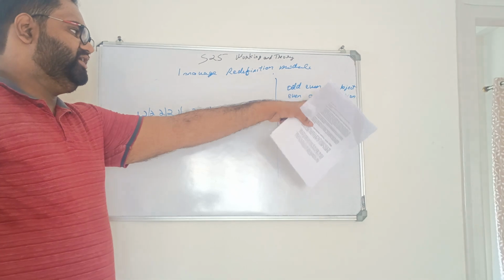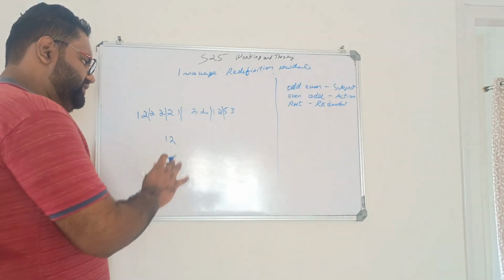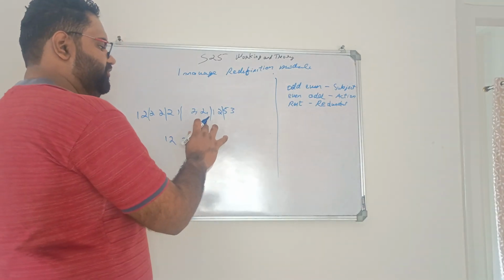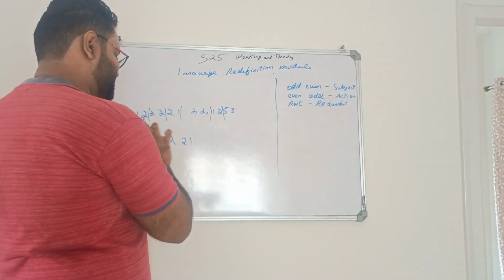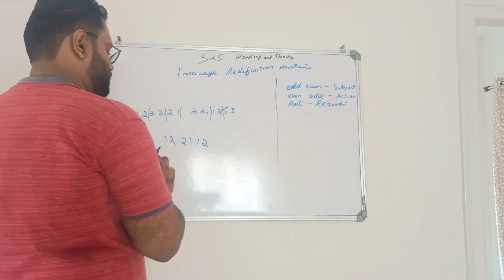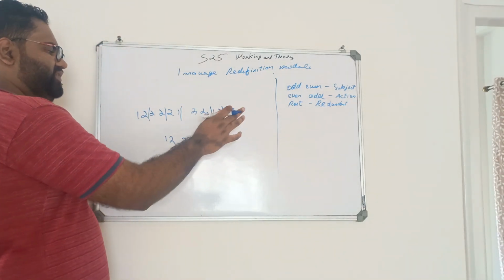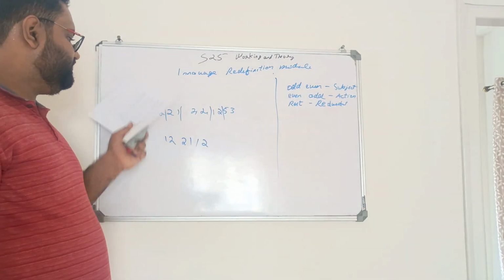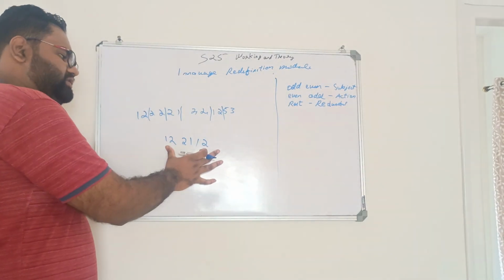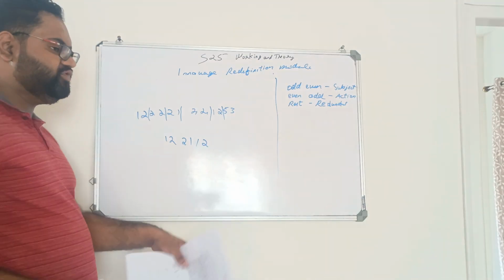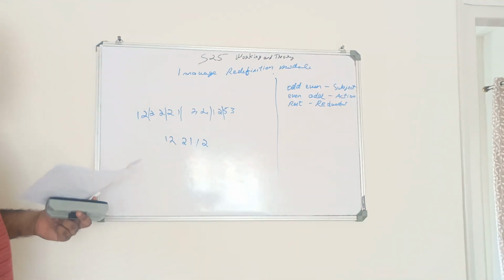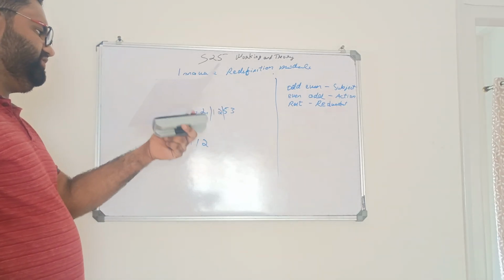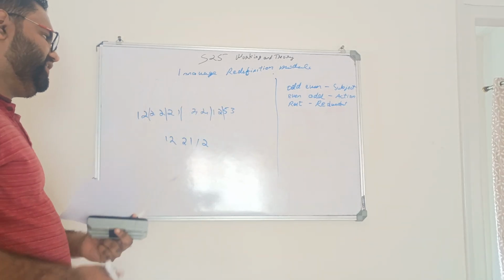We know that it's redundant because it doesn't fall under those two rules, so I'll just ignore it. 2 1 is an action, and 4 4 is redundant. 1 2 is again an object, and 5 3 is redundant because both of them are odd. So this redundant mess reduces into a valid sentence, and that is how we check if a redundant sentence is valid or not.